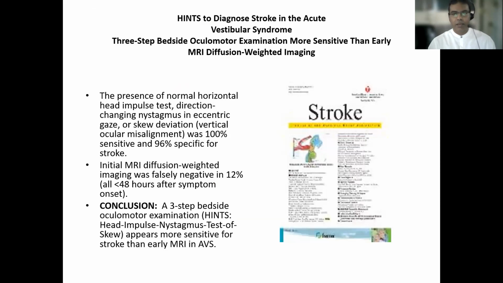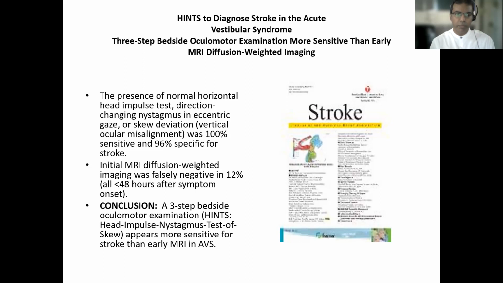And physical or clinical examination has become so important that in this paper, which has been published and widely quoted, it talks about HINTS. HINTS is a 3-step examination of patients which looks to try and identify whether a patient has acute stroke or a vestibular problem.